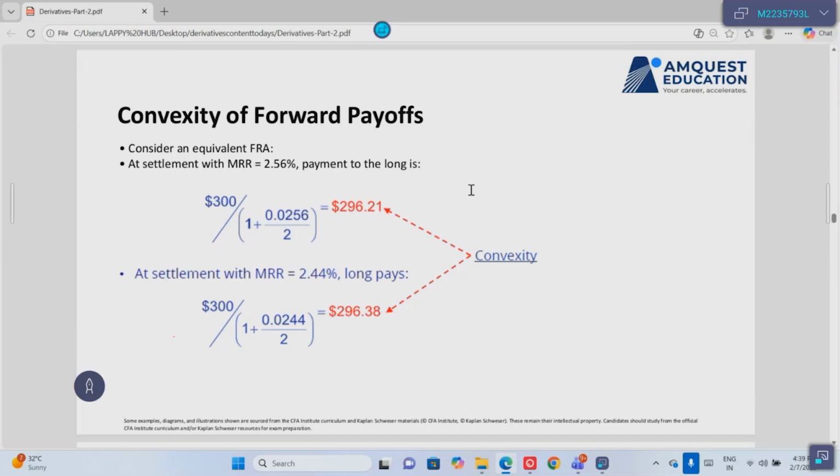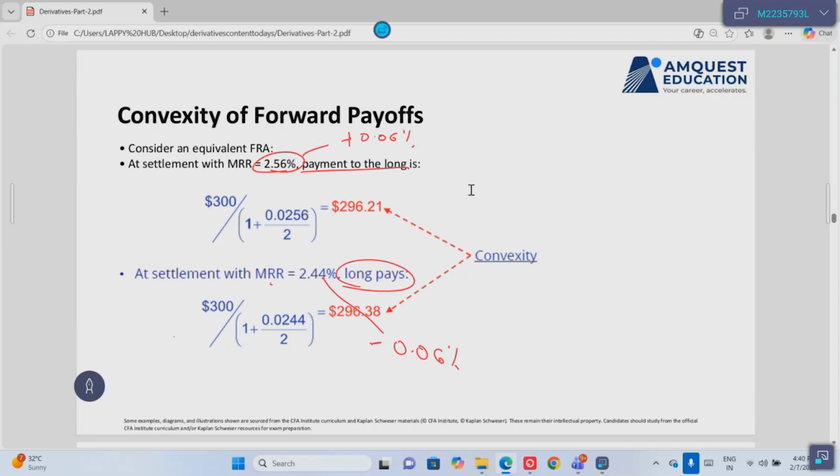Suppose MRR is 2.56, which is plus 0.06%, or MRR is 2.44, which is minus 0.06%. So here the rate has gone up, here the rate has gone down. Obviously, when the rate goes up, the long is making money. If the rate goes down, the long is losing money. Correct?